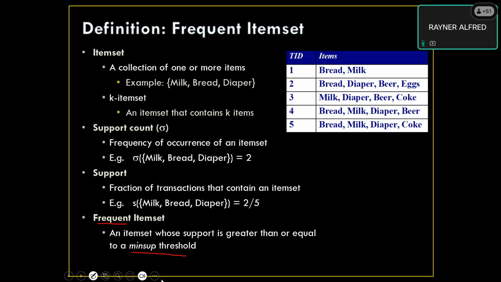For example, if the minimum support is 3, then this is not a frequent item set. But if it is set to 2, then this is a frequent item set. This will be set by the user, or the user of the system will be informed what the minimum support threshold is.